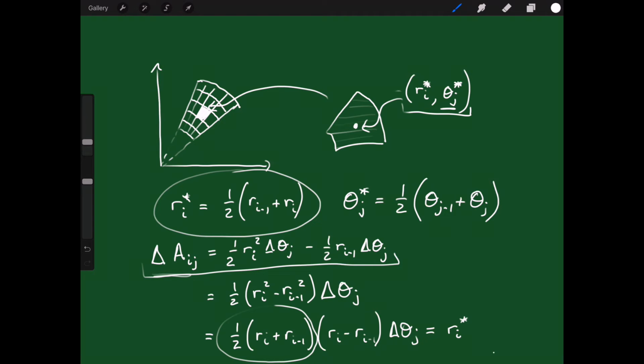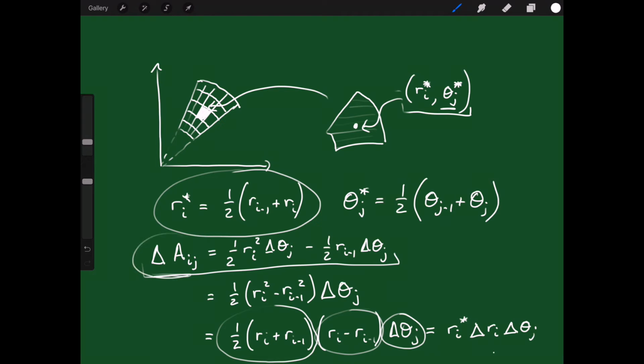And what is this? Well, that's the change in the r direction. So I'm just going to write this as delta r sub i, and then this is delta theta sub j.